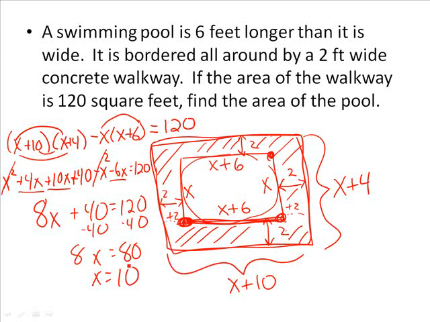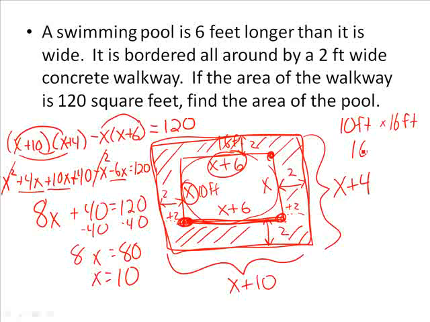And the question says to find the area of the pool, so this means 10 feet by 16 feet. So this part is the 10 feet, this part is the 16 feet, so if I multiply that by 16 feet, I get 160 square feet for the area of the pool.